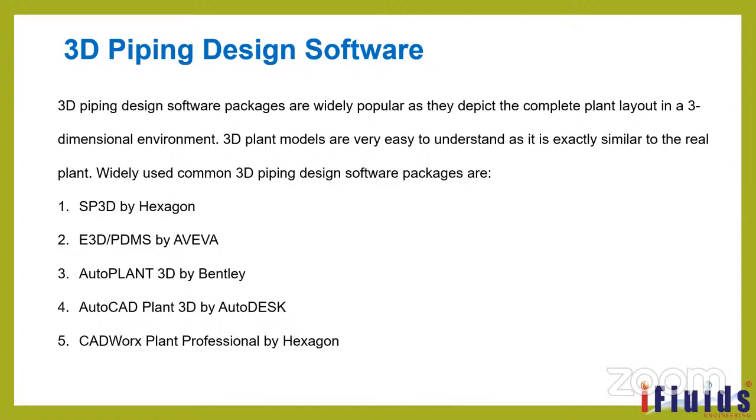And then E3D or PDMS by Aveva, Autoplant 3D by Bentley, AutoCAD Plant 3D by Autodesk, CADWorx Plant Professional by Hexagon. These are all the major piping design software we are using in our piping engineering drawings.